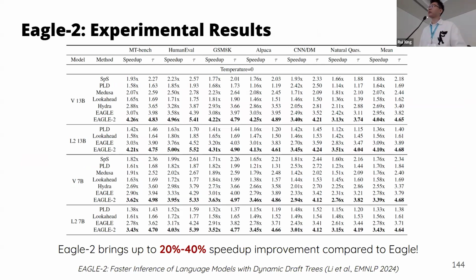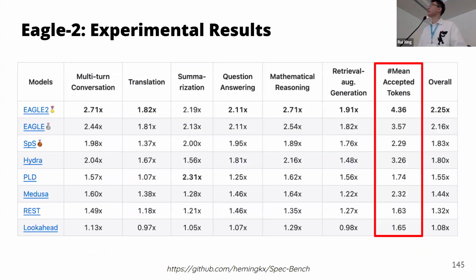It just adjusts the draft tree, and it can be seen as a plug and play method, and directly brings quite promising speed up improvement. In our recent evaluation results on SpecBench, Eagle 2 achieves a relatively higher speed up, right? And it is now ranking first in our leaderboard.